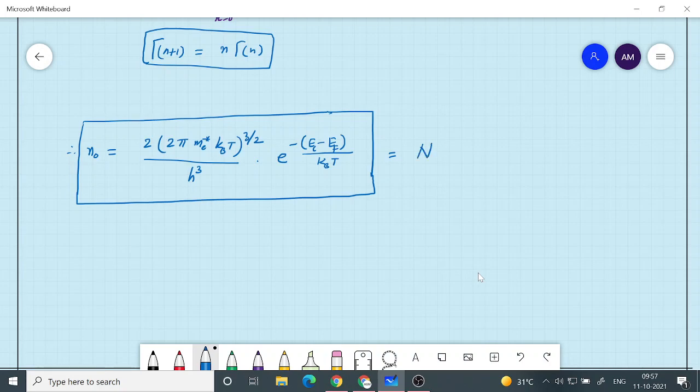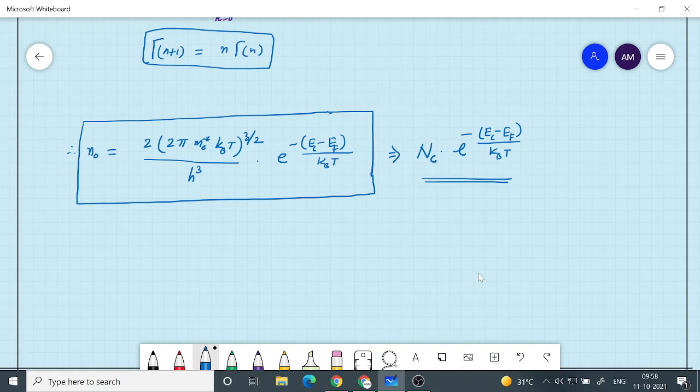I can say this is NC into e raised to minus EC minus EF by kBT. Okay, where NC is the value that you get by substituting all the constants, effective mass, kBT, h cube, all this. So for different materials you will have different values.